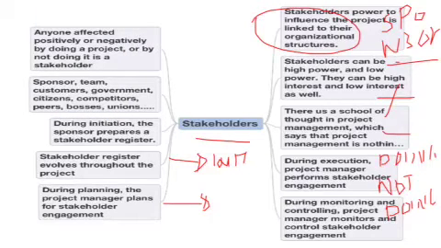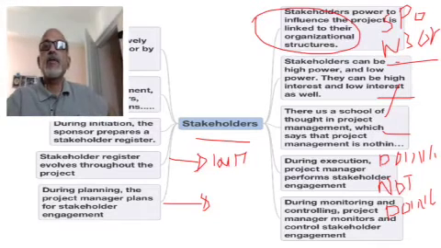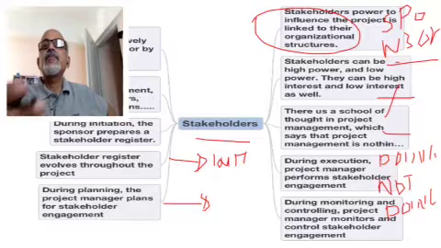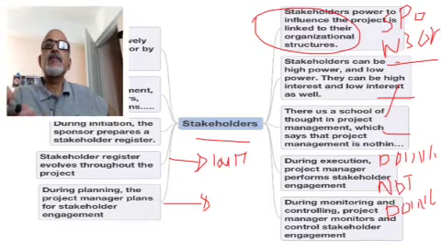Let us say a supplier's project manager is working for your project. If the supplier is a manufacturing organization, most probably their organization structure would be functional in nature.